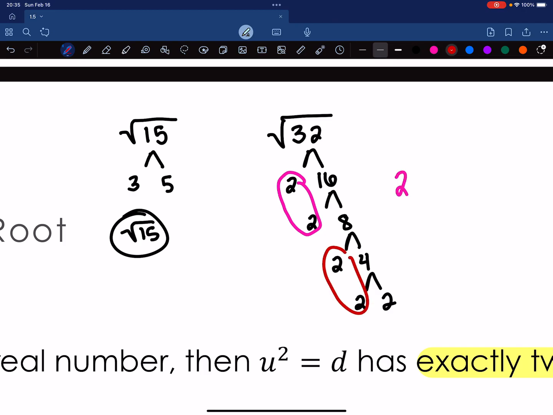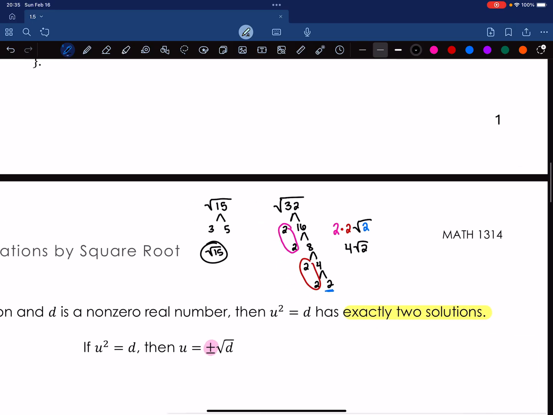This is a pair, it gets to leave as a big 2, and it gets multiplied by the other big 2. But this one is not a pair, so it stays on the inside like that. And then you multiply 2 times 2, and so this would be 4 rad 2. And that's how it would be simplified.